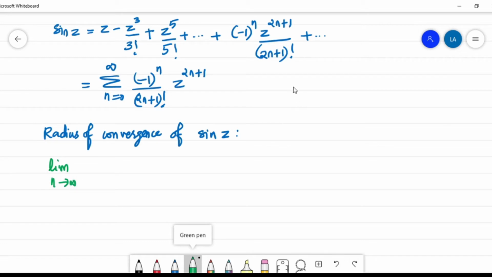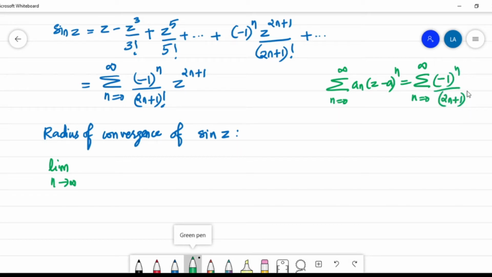So here let us just say that summation n is equal to 0 to infinity a n into z minus a the whole raised to n is the general term, that is equal to summation n is equal to 0 to infinity minus 1 the whole raised to n divided by 2n plus 1 the whole factorial into z raised to 2n plus 1, right.